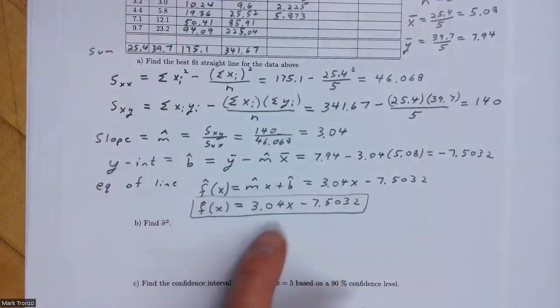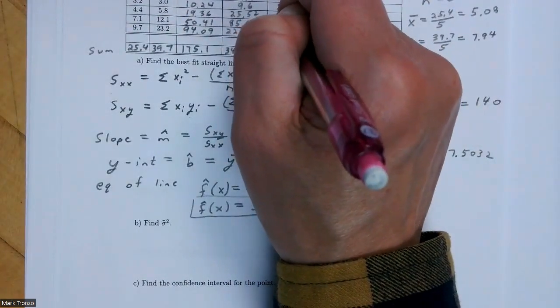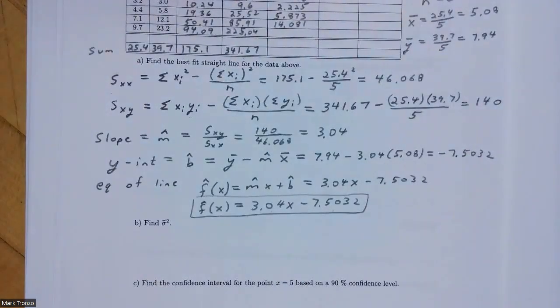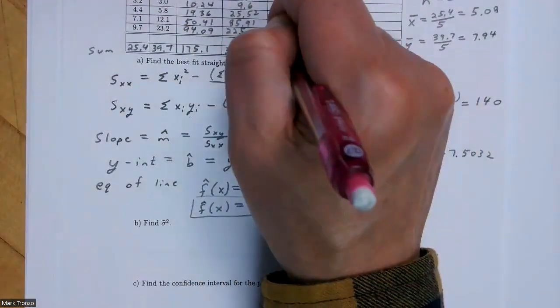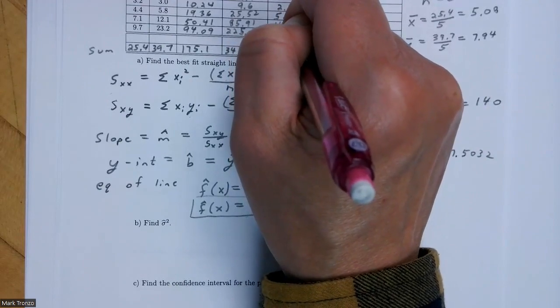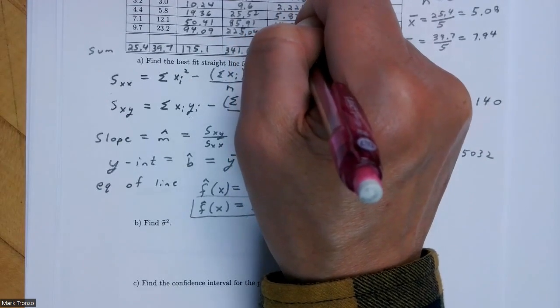Then put 7.1 into this equation, you get 14.081. And put 9.7 in, and you get 21.985.